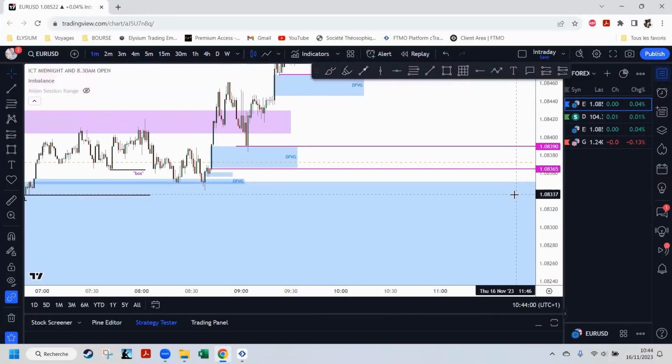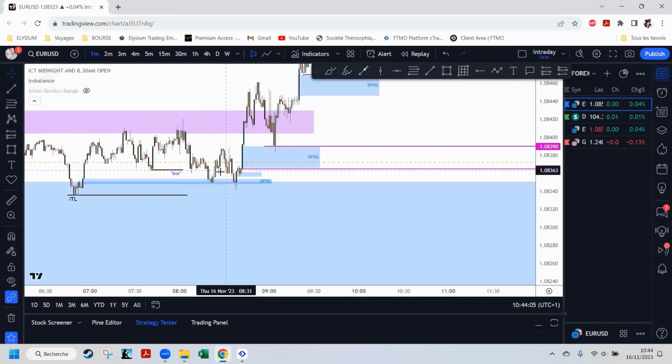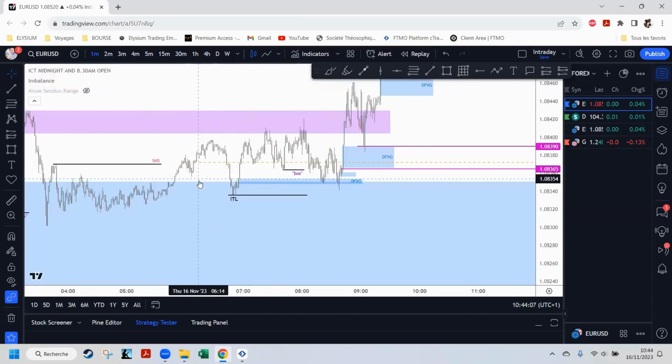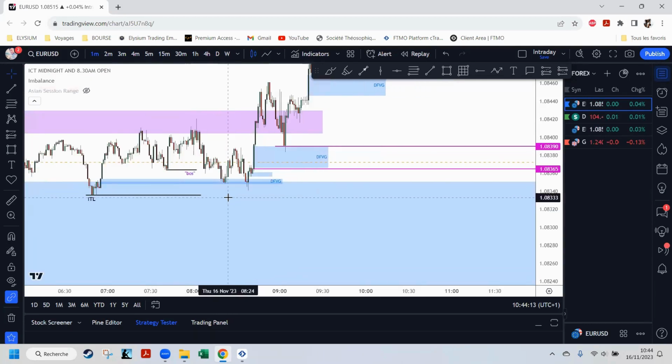Now, you could have sniped, knowing the intermediate term low was there. It's always easier, but you don't have to snipe. And I always said, if it's the right trade, it will give you a clear entry.